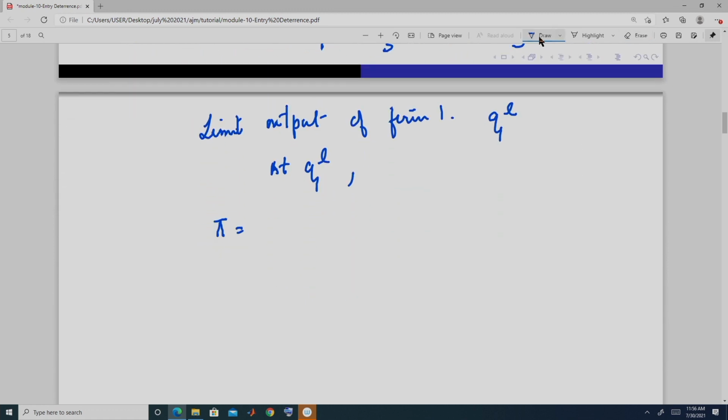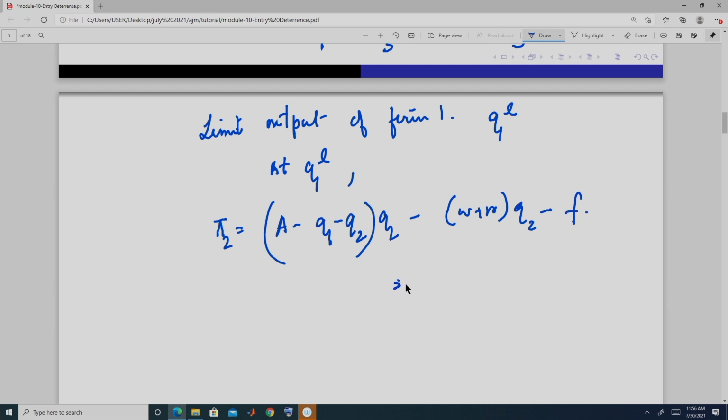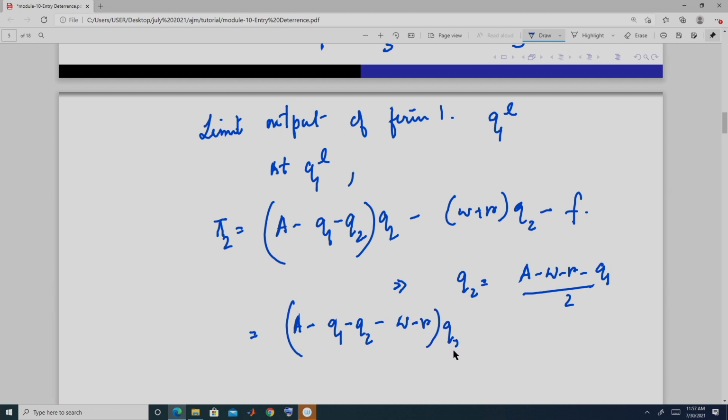Now, into this, and we know from the reaction function Q2 is this. So, it is this.